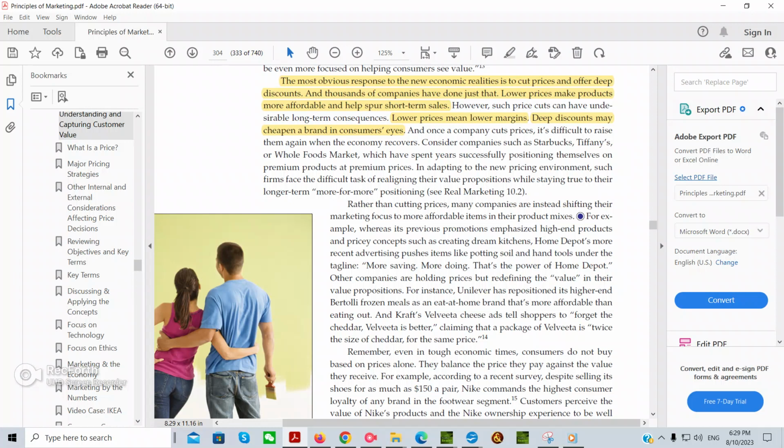Before they see the features and benefits, that's what they're already thinking. And once a company cuts prices, it's difficult to raise them again when the economy recovers. If for no other reason, think of it from their point of view: why do I want to pay more if I don't have to?